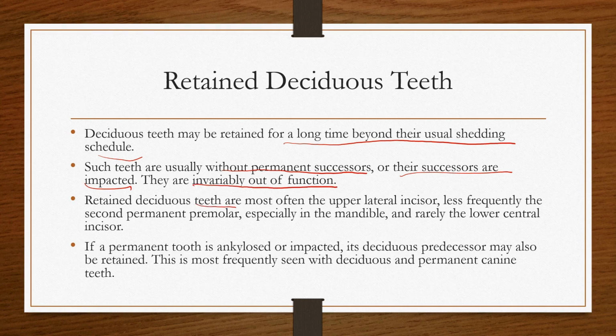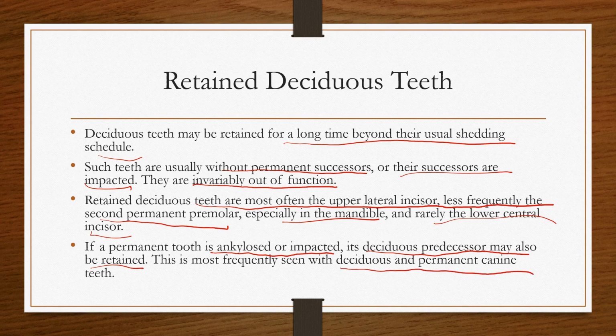Retained deciduous teeth are most often the upper lateral incisors, less frequently the second premolar, especially in the mandible, rarely the lower central incisors. If a permanent tooth is ankylosed or impacted, its deciduous predecessor may also be retained. This is most frequently seen with deciduous and permanent canine teeth.